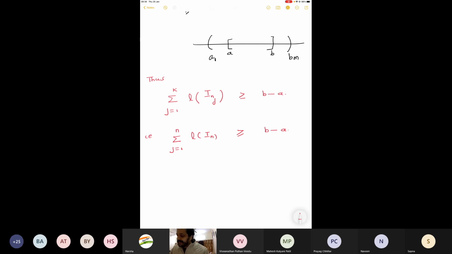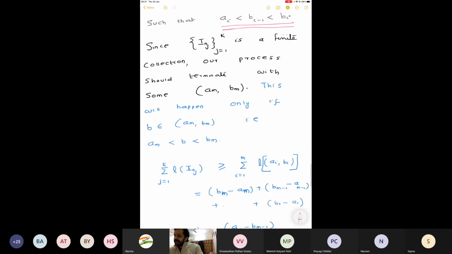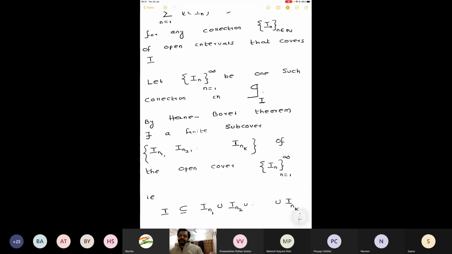And now this is, sorry, this is infinity. This is true for all. See, this I_n, I have started with an arbitrary collection, I_n, an arbitrary collection in I_A.